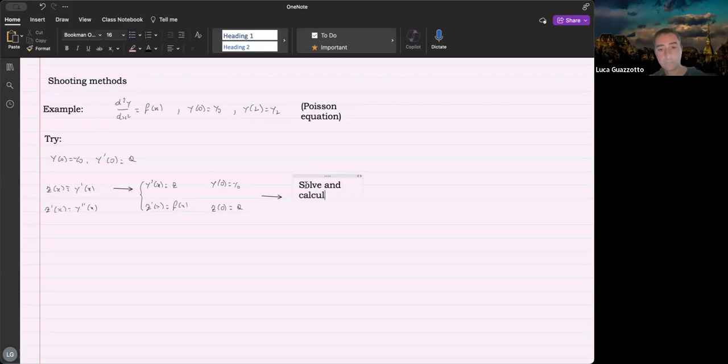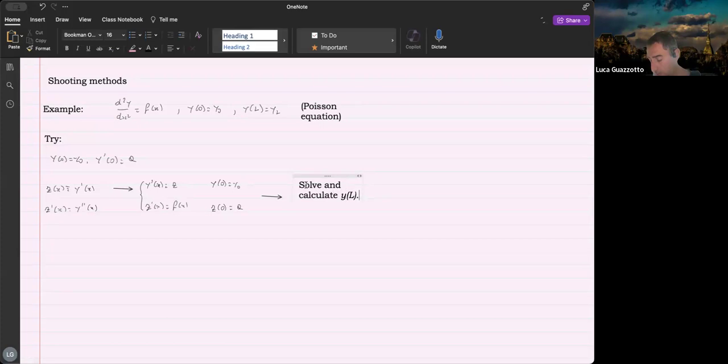I'm going to solve, and I'm going to calculate y, oh, sorry, lowercase y of L. And guaranteed that if I make an arbitrary guess, I'm not going to find the correct value.